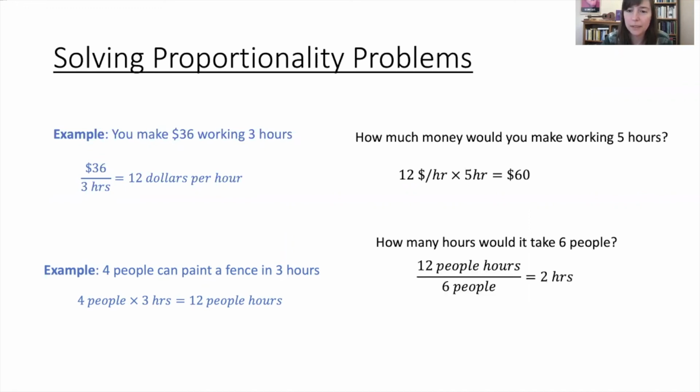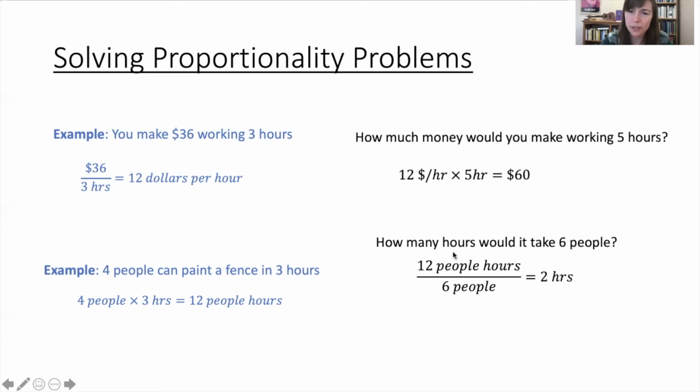Well, we've got 12 people hours spread out over 6 people means that you have 2 hours per person to work.